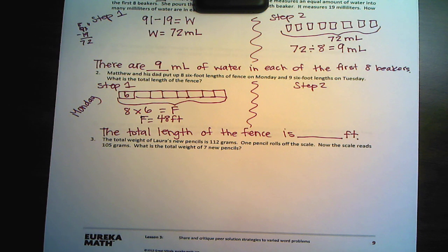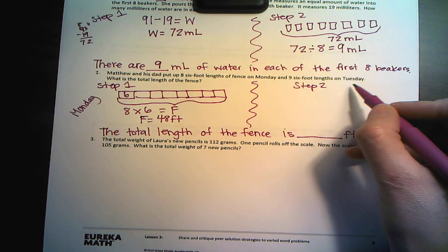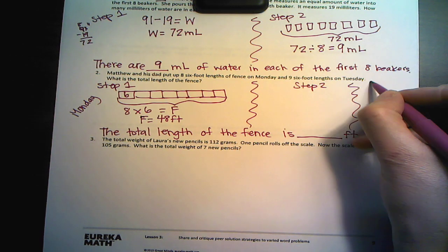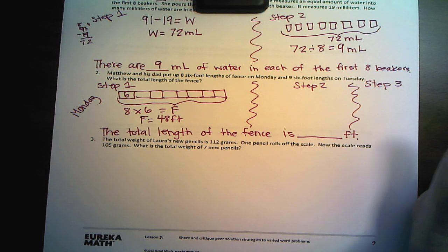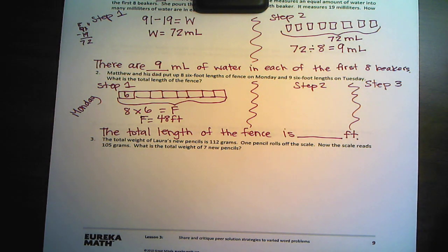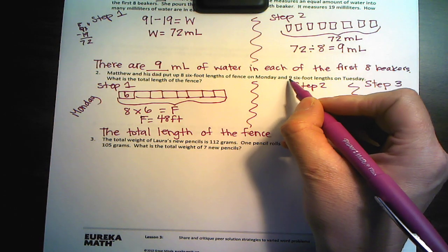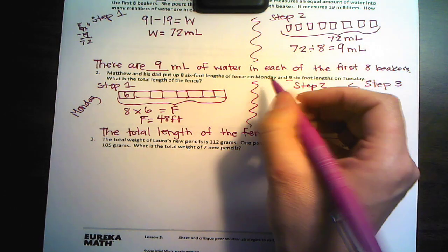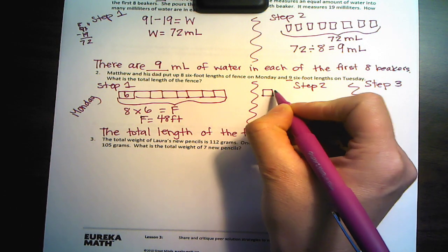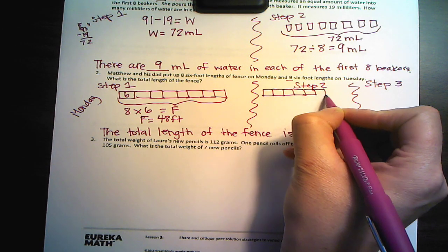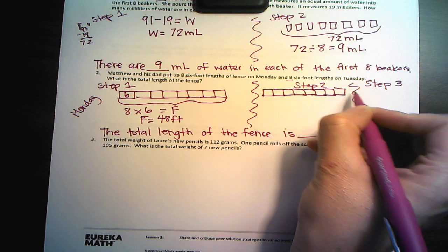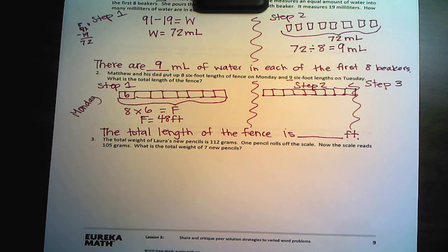And on Tuesday, oh, well, wouldn't you know it's a 3-step problem. I'll pop step 3 over here. It's a short step. Let's not worry. We're not going to run out of room. And then on Tuesday, he put up 9 6-foot lengths. So let's drop 1, 2, 3, 4, 5, 6, 7, 8, 9.